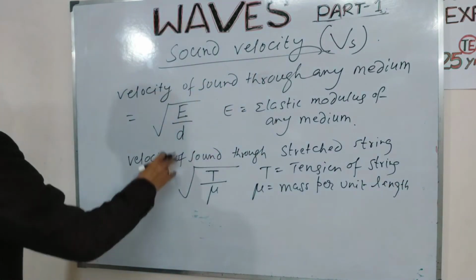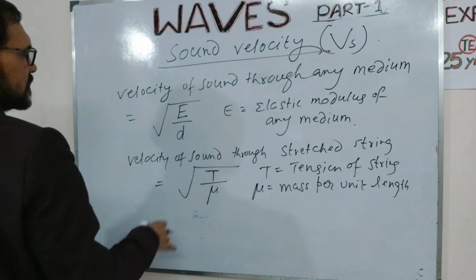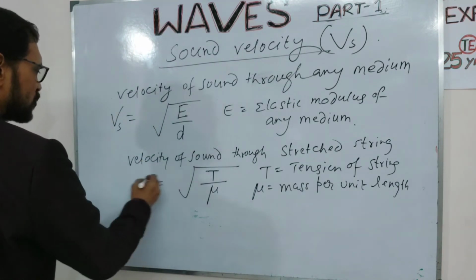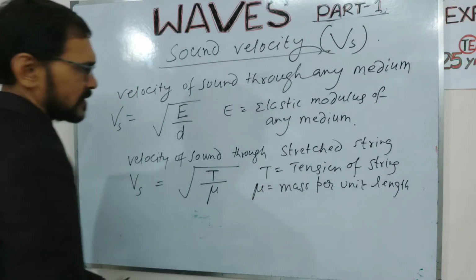So these are two formulas of velocity of sound: for any medium, solid or gas, the velocity of sound will be root over E by rho, and through a stretched string the velocity of sound is root over T by mu. These are the two formulas.